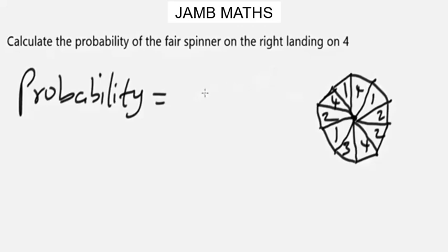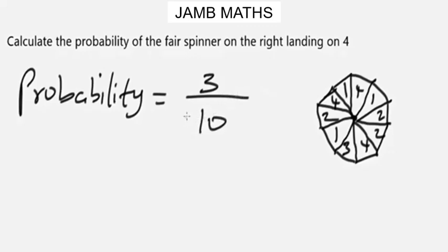For the spinner on the right to land on 4, how many times did 4 appear? We have 3 times, so the number of ways of this spinner landing on 4 is 3, over the total number of possible outcomes, which is 10.